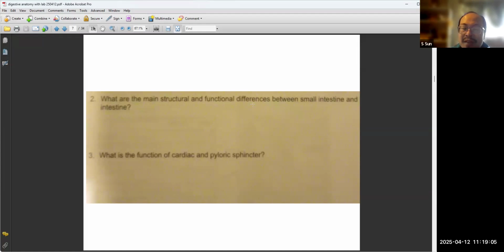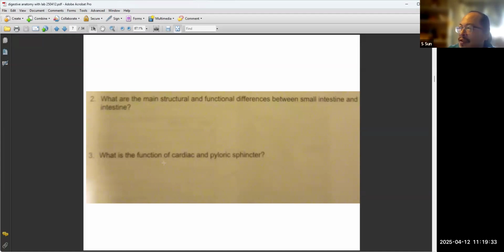It absorbs something, but it's not the primary function. The primary function is to store and form feces. As for your nutrients, you need to absorb them in the small intestine. Small intestine is the primary organ to absorb your nutrients.